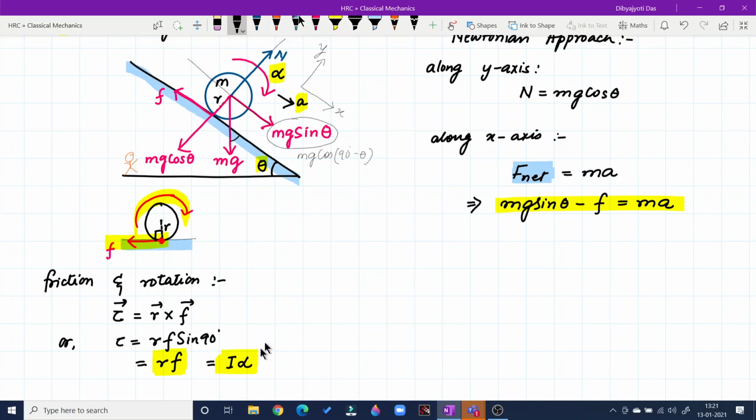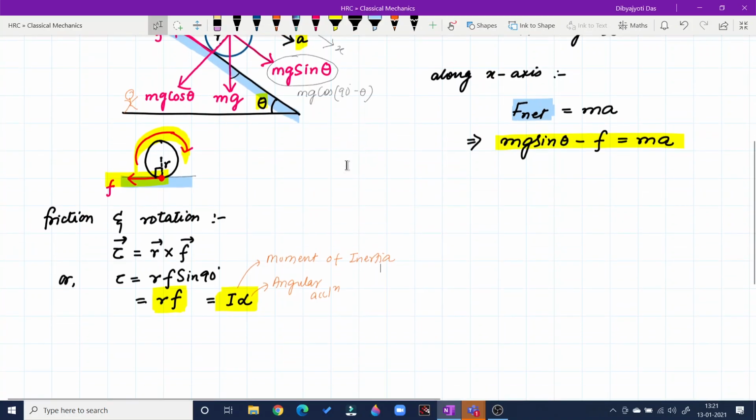So here alpha represents the angular acceleration, and I represents the moment of inertia. Now I am saying disk over and over again. What is the moment of inertia of a disk?